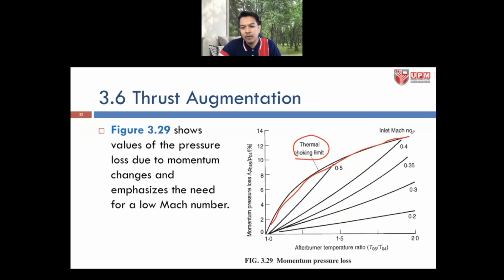Where the afterburner temperature ratio from 1 to 2, you have Mach 0.2, Mach 0.3, Mach 0.35, Mach 0.4, and Mach 0.5.